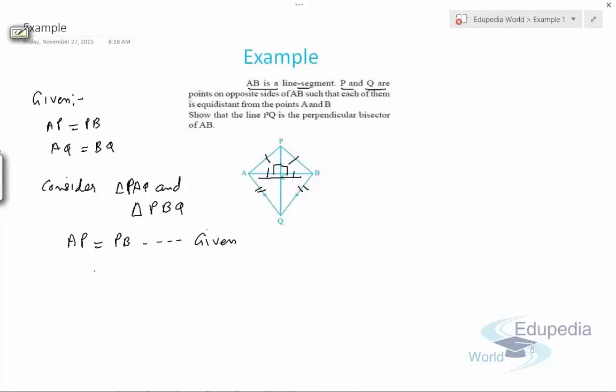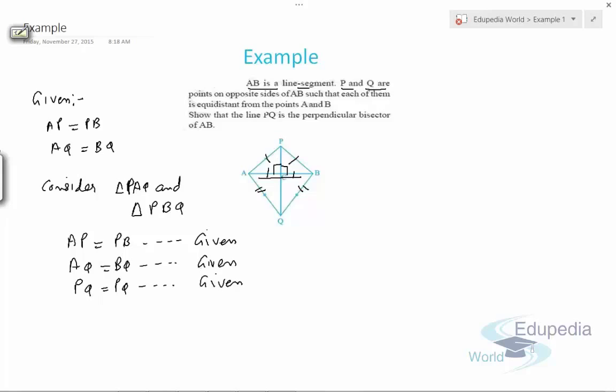Second is AQ equals BQ, which is also given, and third is PQ equals PQ, which is common.